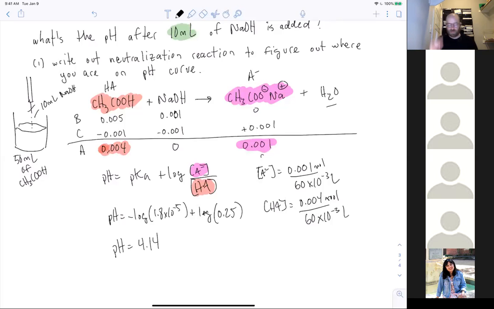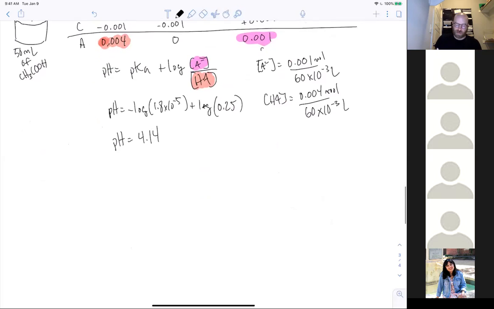The important part about the indicator is not necessarily saying what color it is. It's being able to look at a structure.